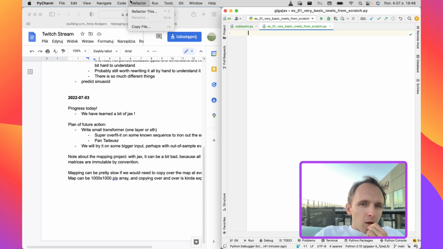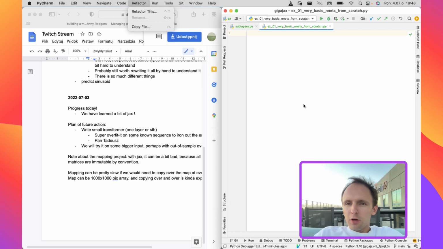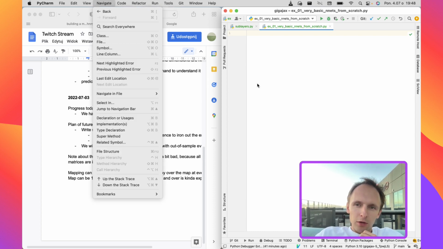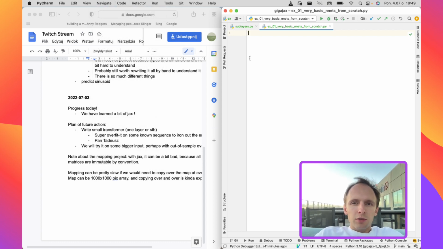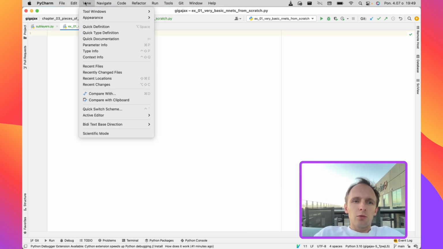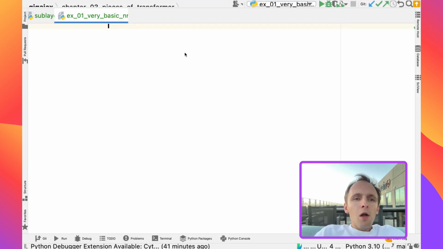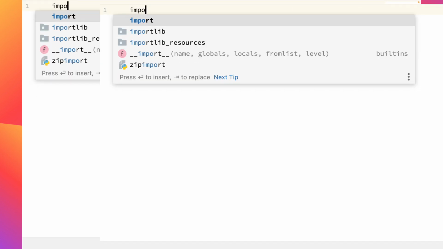So I did it before, it's on my GitHub, but I'm going to do some super basic neural nets from scratch just to refresh these things for myself.